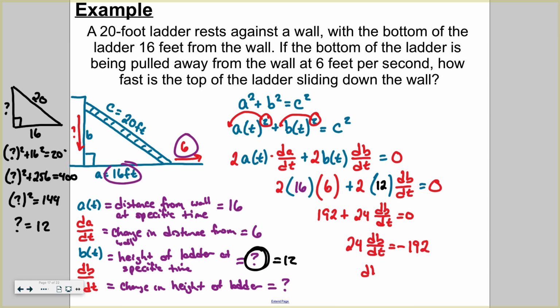Divide both sides by 24, and we get negative 192 over 24, which simplifies down to 8. So that means it is going to be negative 8 feet per second. So the ladder is sliding down the wall at negative 8 feet per second.